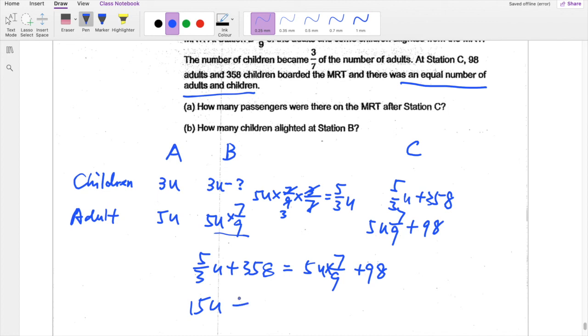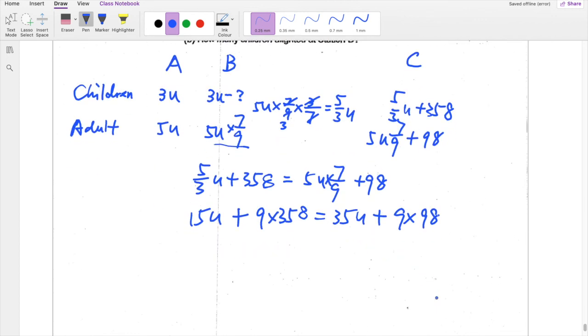$15U plus 9 times 358 equal to 35U plus 9 times 98. Right? So we move this to this side, which is 20U.